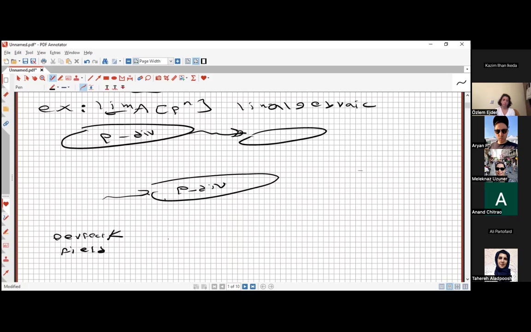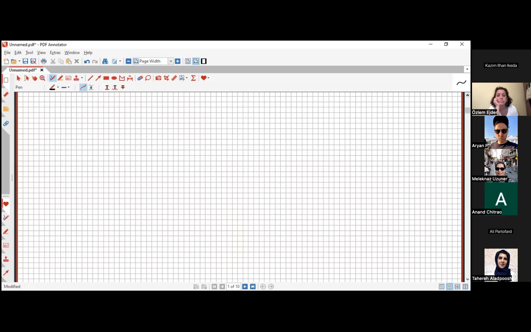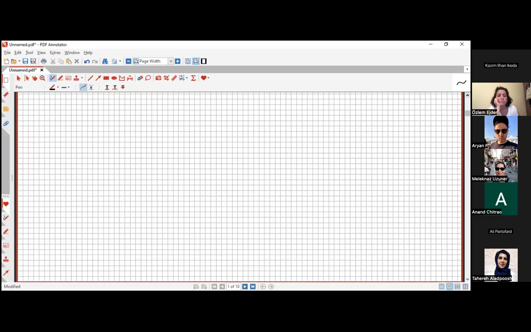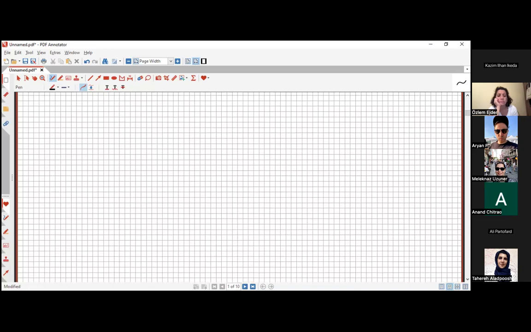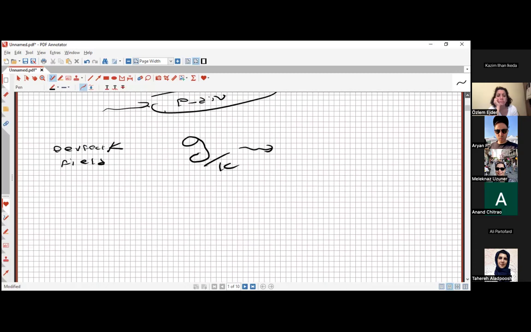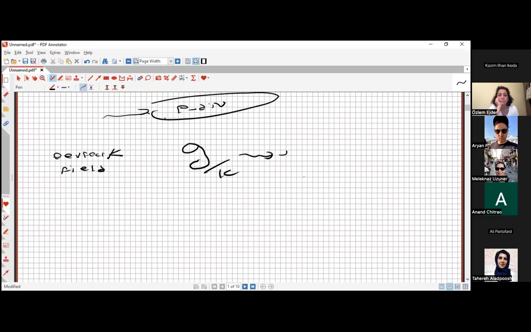To every p-divisible group over a perfect field, we can assign a projective module over W(k).